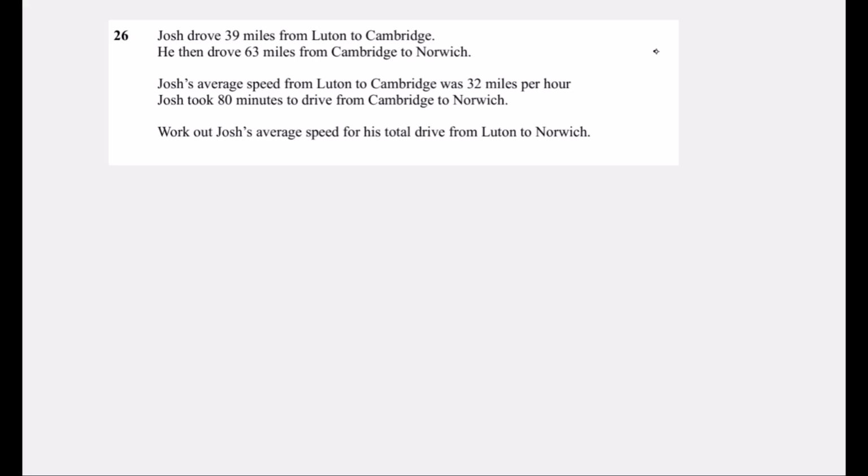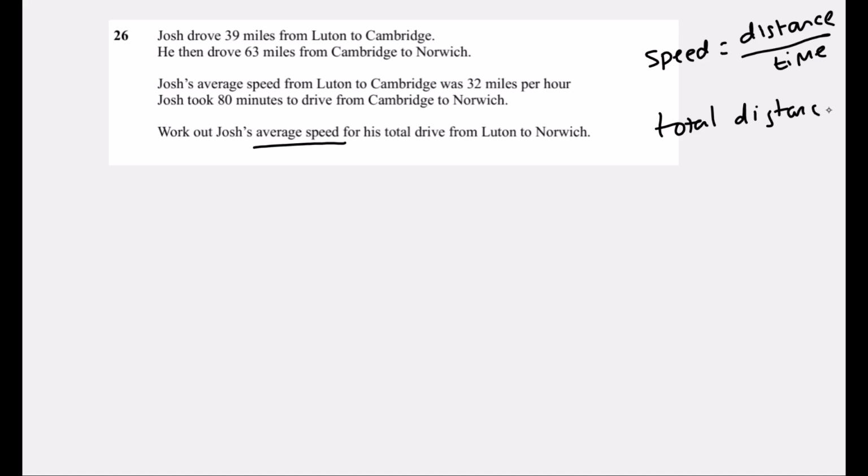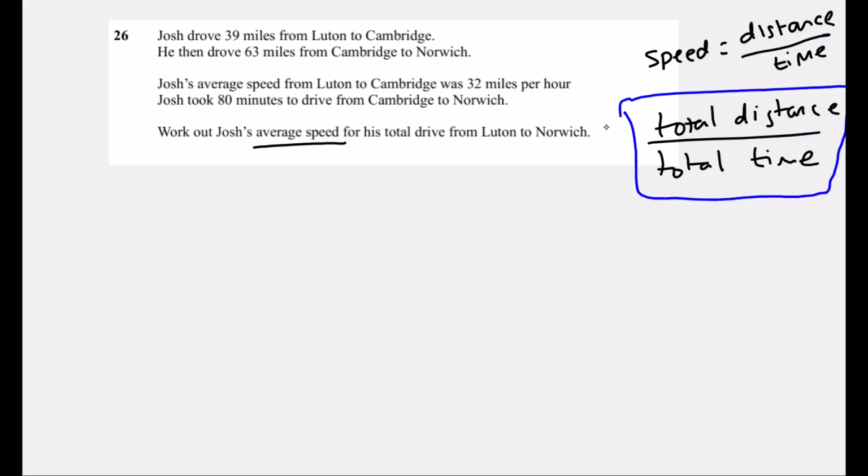So speed is equal to the distance divided by time. And when it's the total, the average speed, it's going to be the total distance divided by the total time. So that's what we need to answer this question. We need to know the total distance and the total time. And we actually know the total distance already.